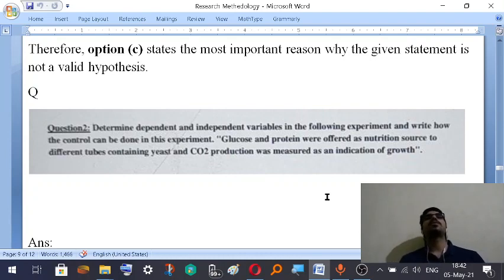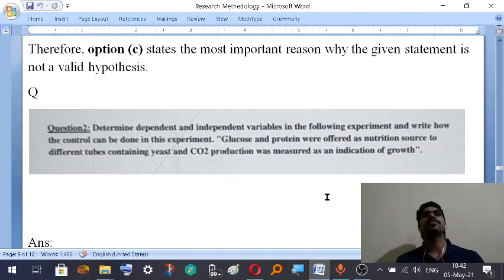Now the next problem is, how do we define growth? Like we discussed before, here we are saying that the yeast is growing, but we need to operationalize the term growth. Operationalize means we need to define the term growth.